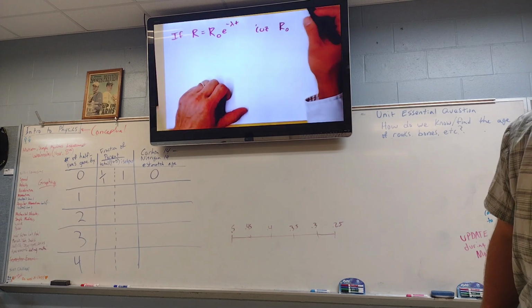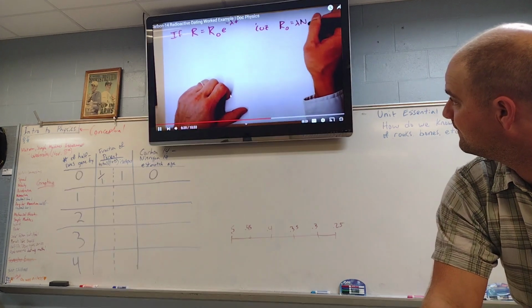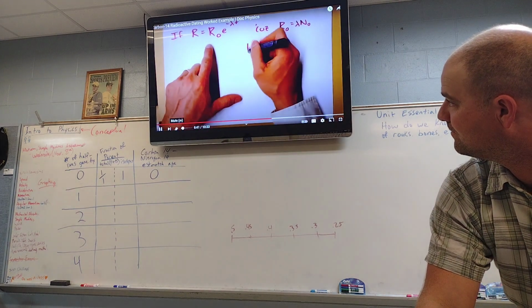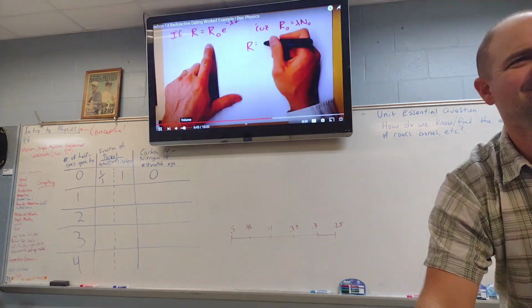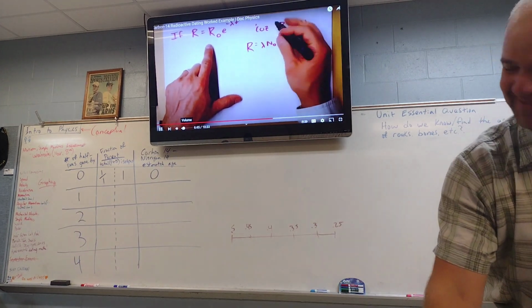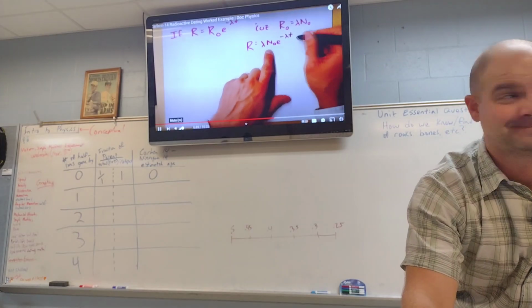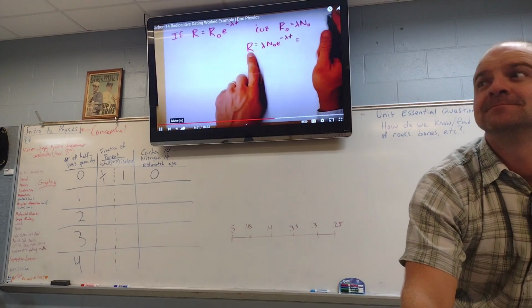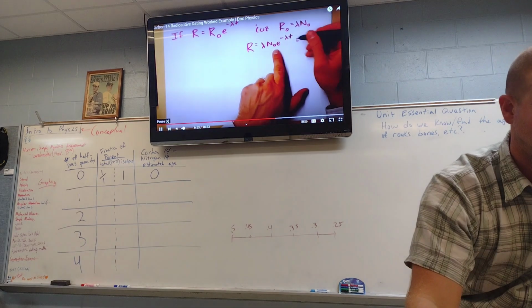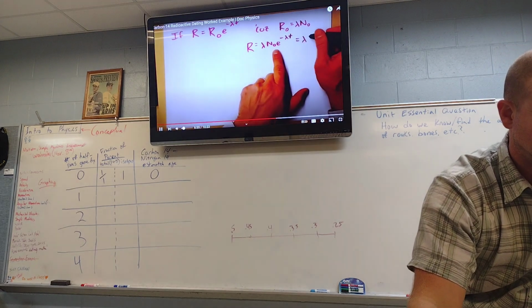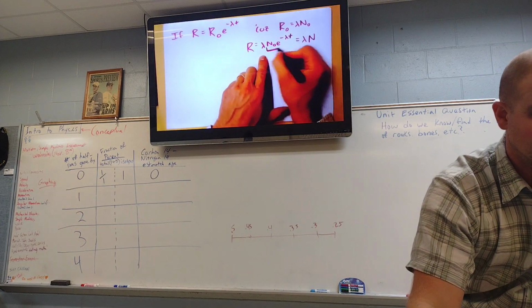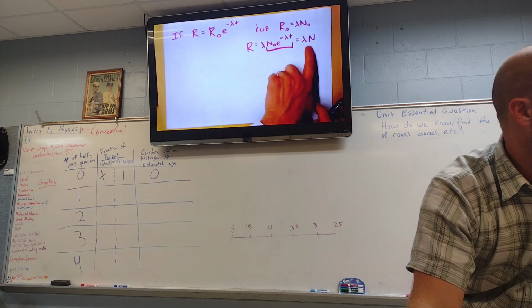The original activity is just lambda times N naught, and everybody knows that. N naught times e to the minus lambda t, because the definition of activity is that activity is lambda times N, and this is N at any moment in time.